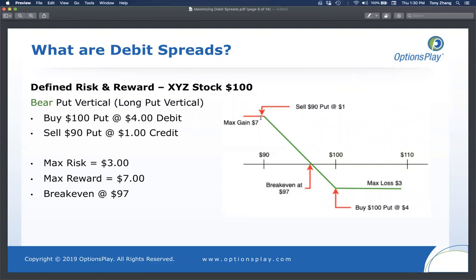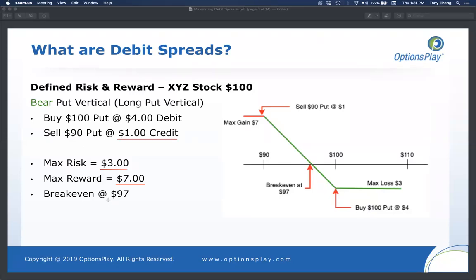So chances are what I want to do is sell a lower put, bring in some credit, and let's say that credit is $1 again. What that does again is it reduces my risk. It does cap my risk from unlimited to $7, but chances are I don't believe the stock's going to zero anyway. So even though we call that unlimited profits, it's not truly unlimited in my belief.